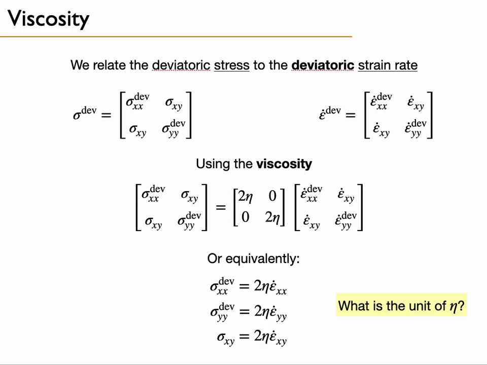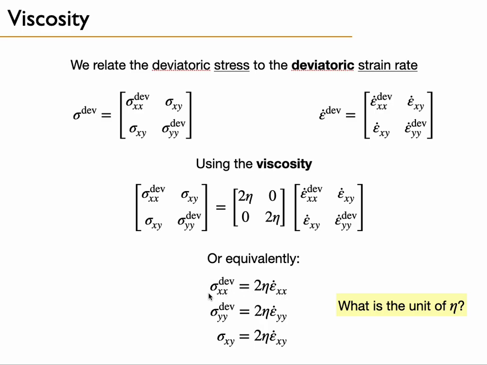Equivalently, one may express these relationships: sigma xx deviatoric is 2 times eta times epsilon dot xx, and so on. So what's the unit of eta? Remember that the deformation has no unit, but a deformation rate has a unit of 1/second.